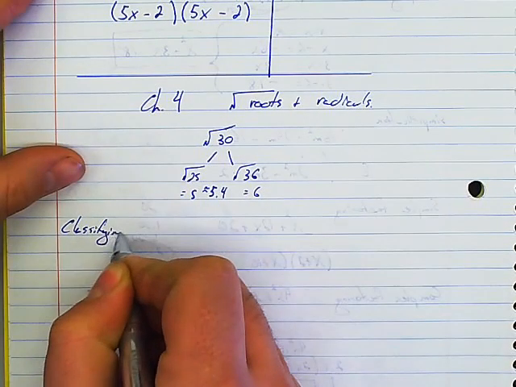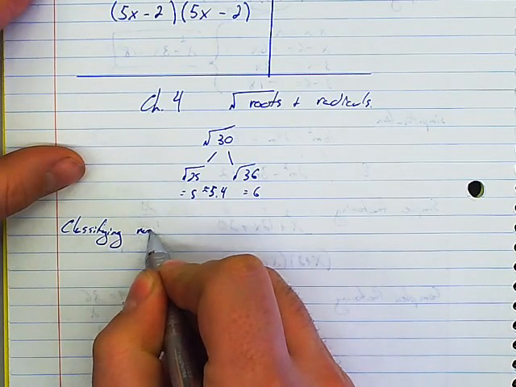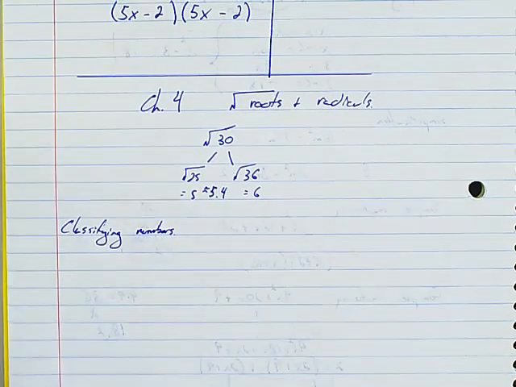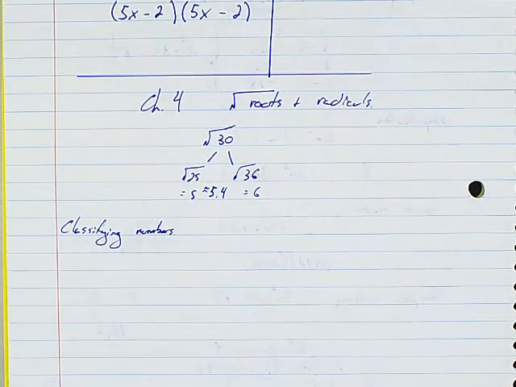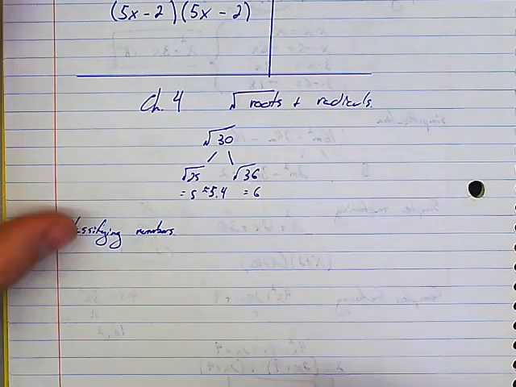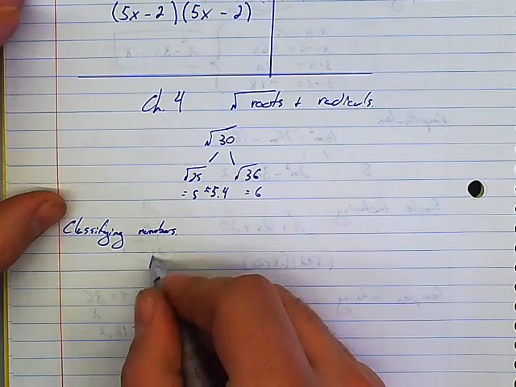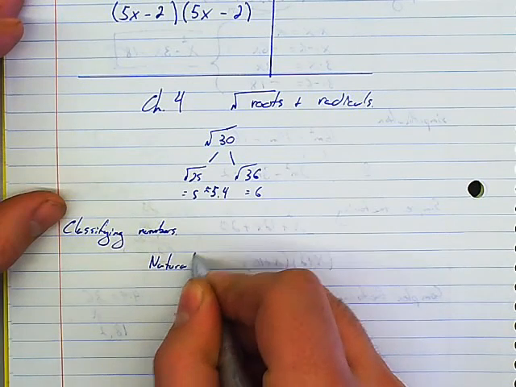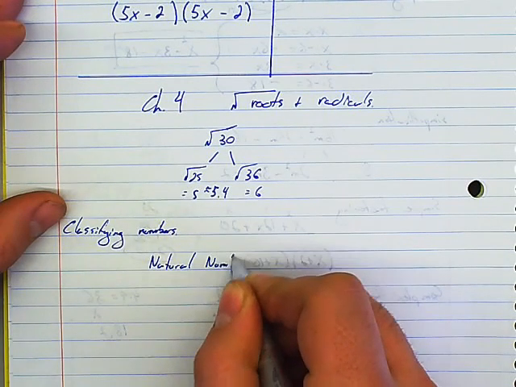The very first thing we did is we started classifying numbers. I'm also going to spend a bit more time on chapter 4 just because your test is on Monday.